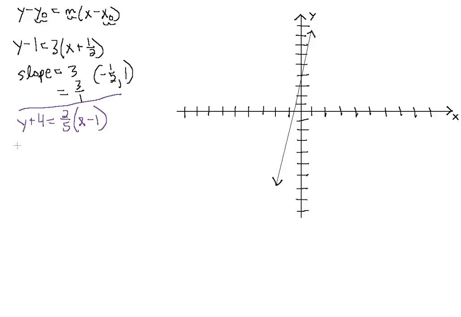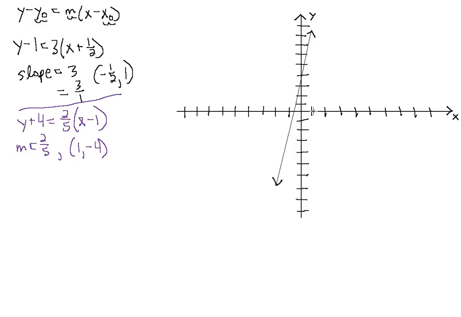We need the slope. Our slope m is right here, it's 2/5, and we need a point. So we have the point right here, the coordinates x naught and y naught, but it's going to be the opposite sign. So our x coordinate is going to be a positive 1, our y coordinate is going to be a minus 4. Okay, recall about the point-slope form to see how we actually got those signs.